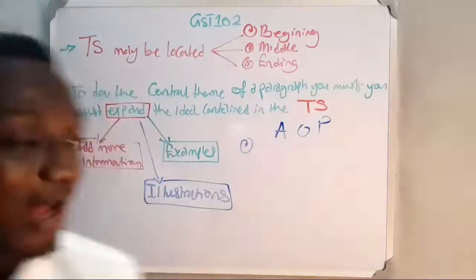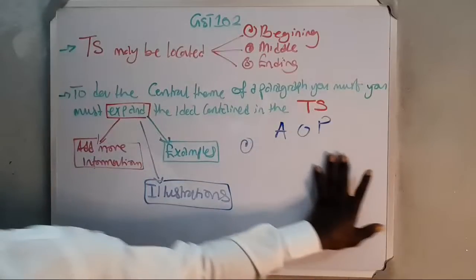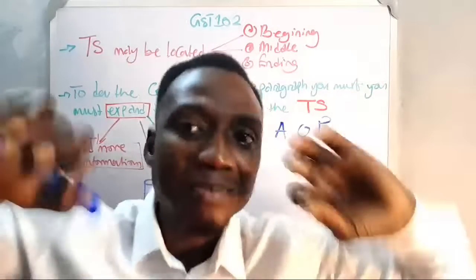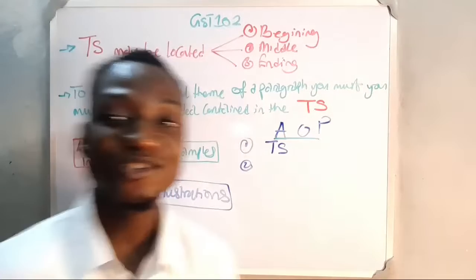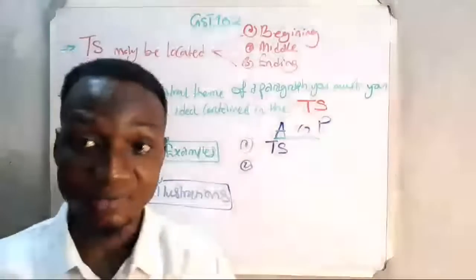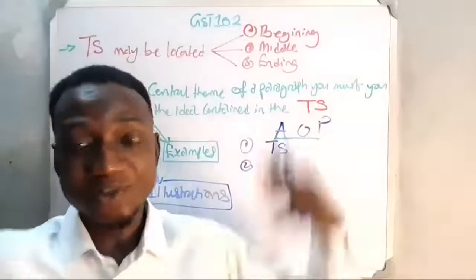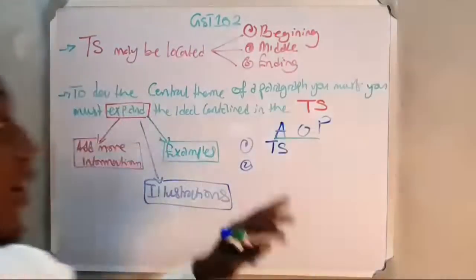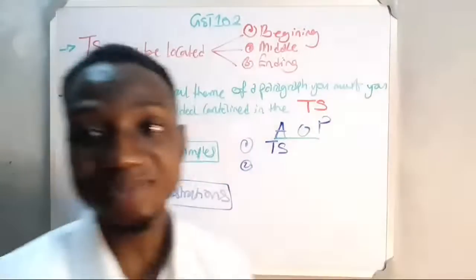A paragraph only exists because you are trying to pass a message, and that message is particular about something, and that makes the topic sentence. And don't forget, it's a combination of paragraphs that makes up a complete piece of writing.